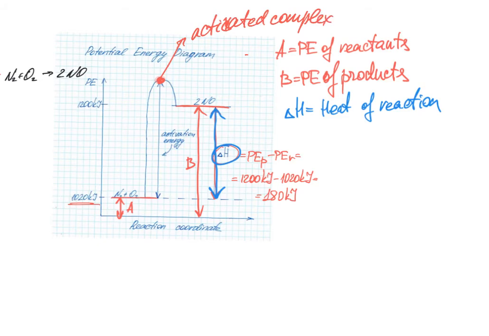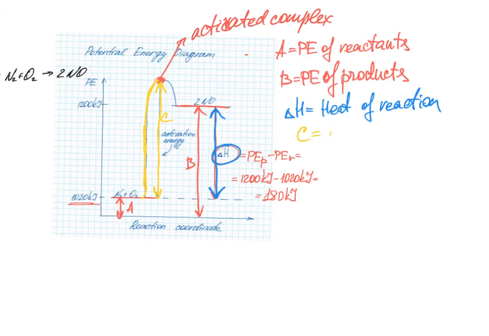And to reach it, this is the amount of energy that my reactants need to absorb. So this is my activation energy. That will be my C line.